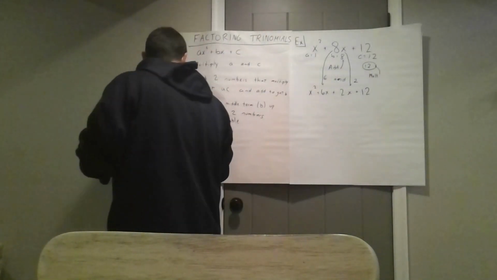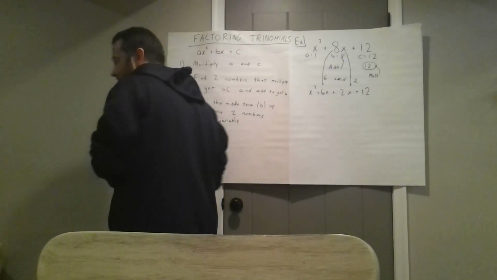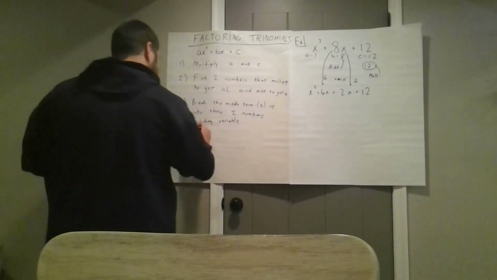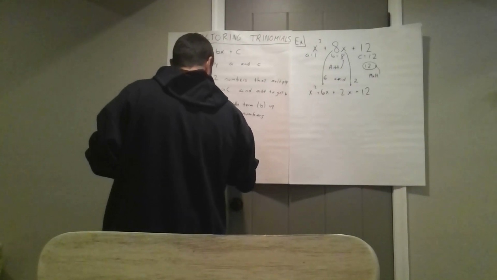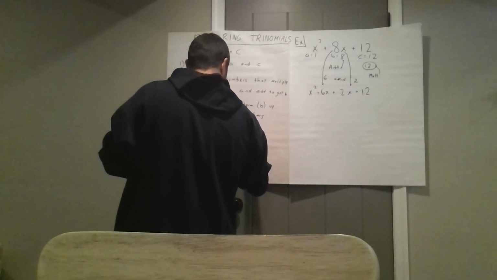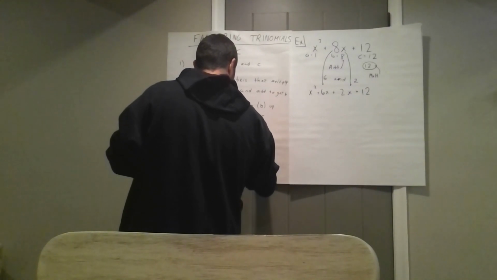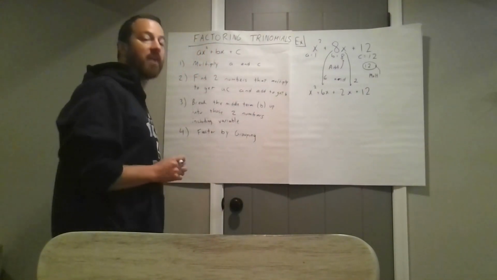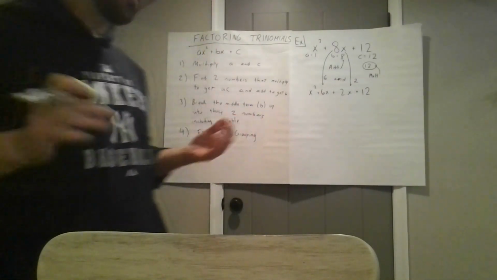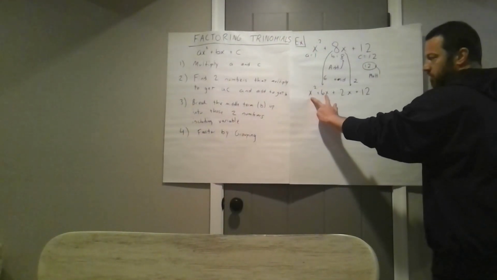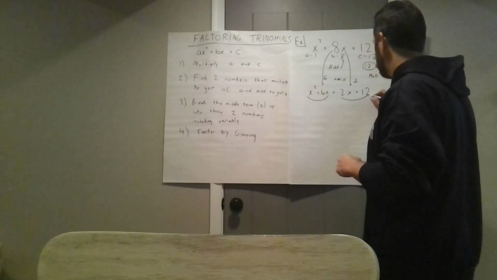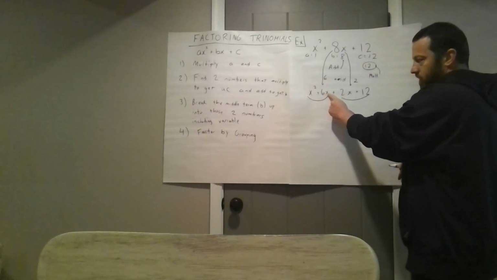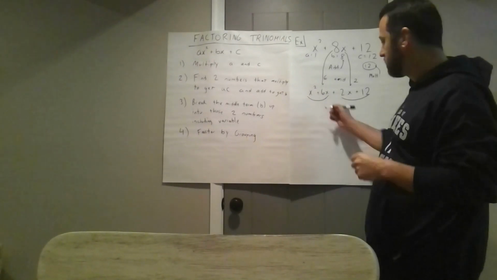Step 4, now we're just going to use a skill we already have. We're going to factor by grouping. And we know how to factor by grouping already. We group the first two, group the last two. We take a greatest common factor out of each.